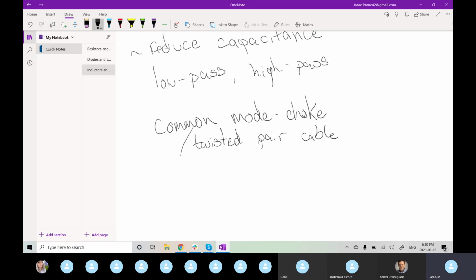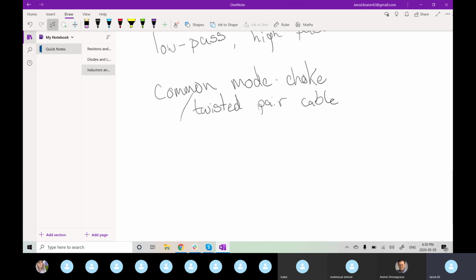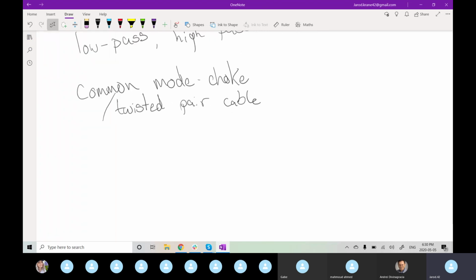Because whatever your data transmission line is, it's going to be a wire. So that in and of itself is an inductor, adding inductance to your system.